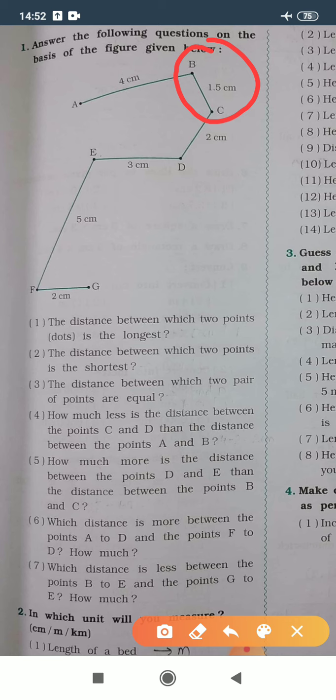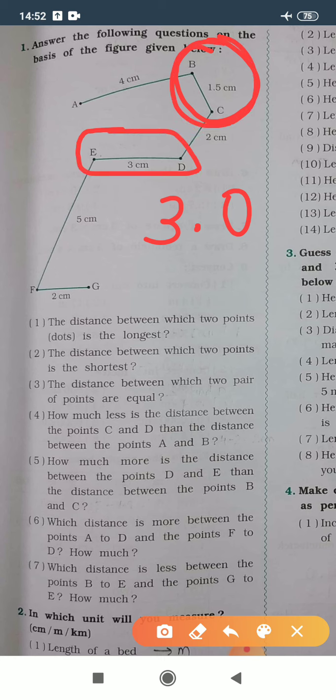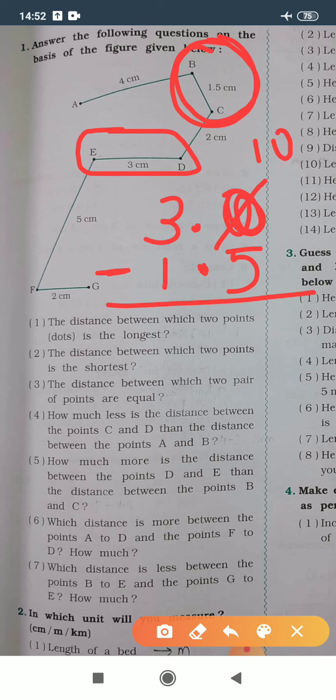So how to calculate this? Let's see. First we'll write 3.0, because we need to calculate the difference of E and D and B and C. So 3.0, and we'll need to subtract 1.5. When we subtract decimals, at that time we have to take a zero for subtraction purposes. So we'll cut this and write here 10. 10 minus 5 will give you 5.